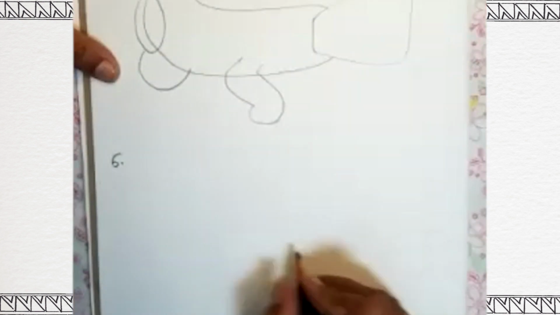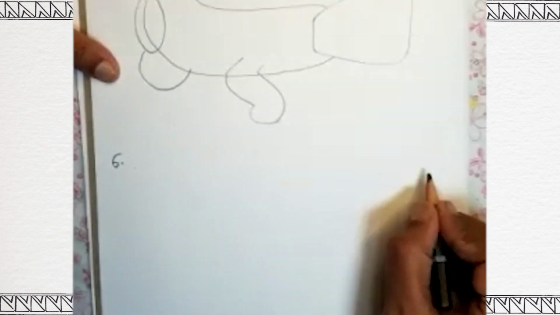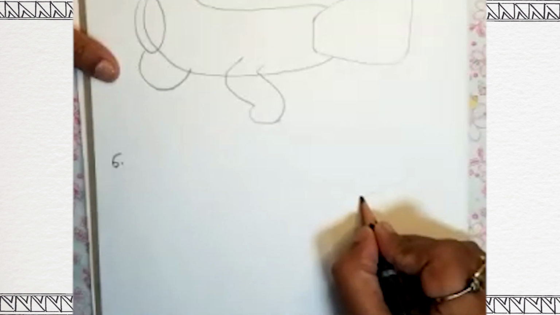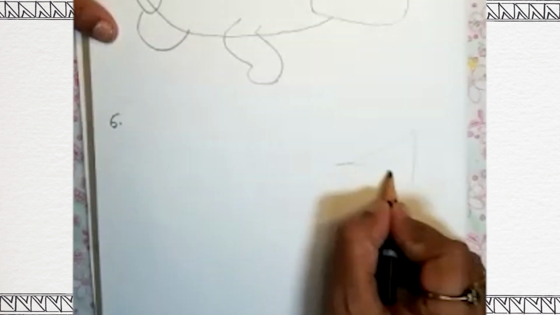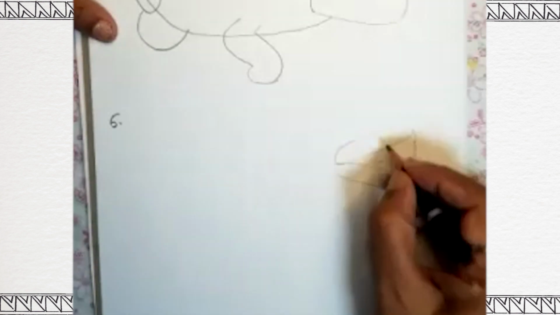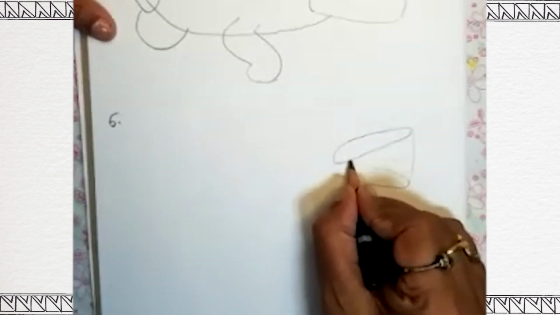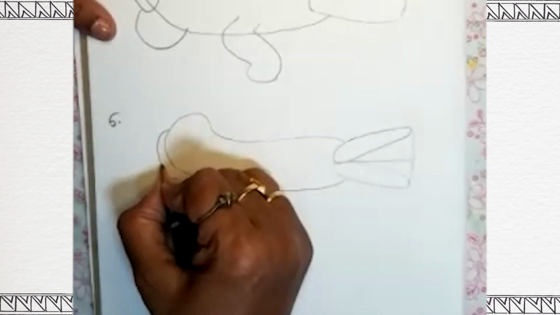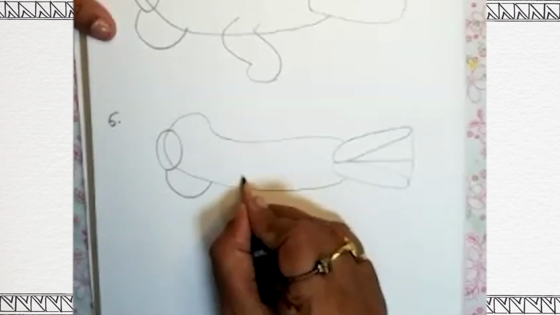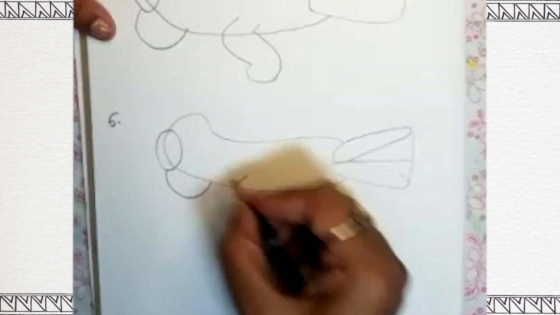In 6th step, we are drawing this in this way. We are drawing a line here. Just draw a line here. Then draw the curve. O, semicircle, feet.